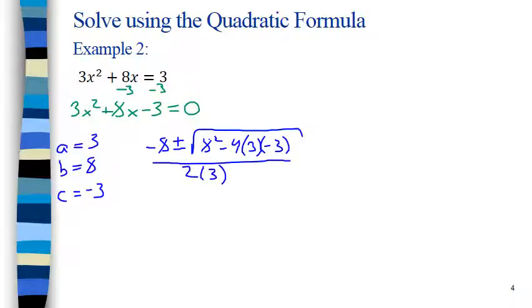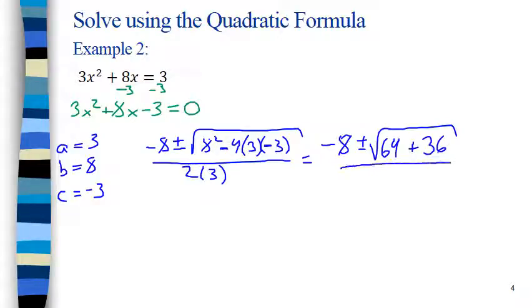Okay. Simplify that down, negative 8 plus or minus the square root of 64 minus, plus 2 negatives, so plus, 4 times 3 is 36, all over 2 times 3 is 6. So we have negative 8 plus or minus the square root of 100, all over 6.